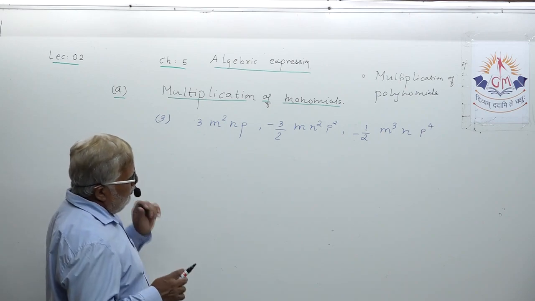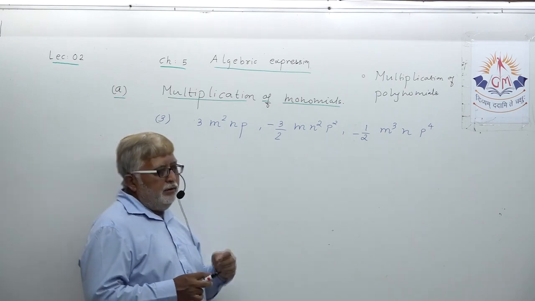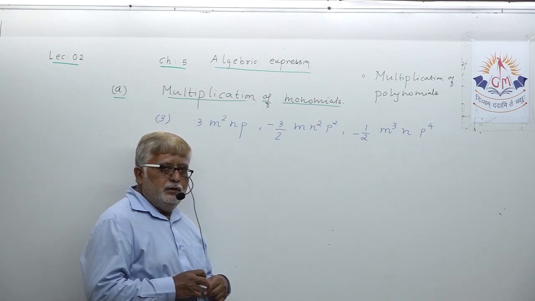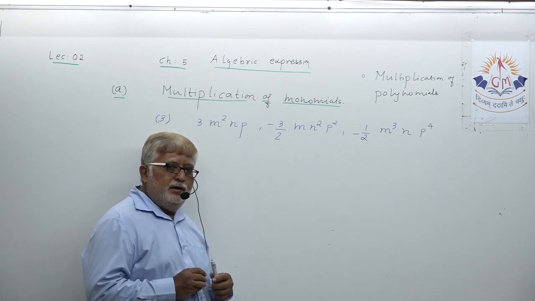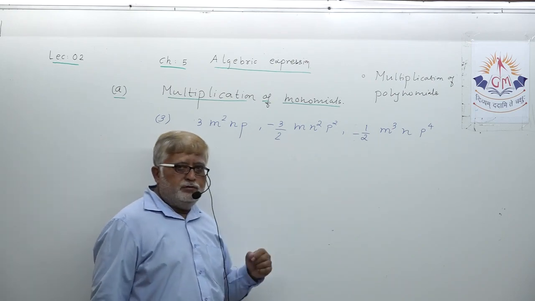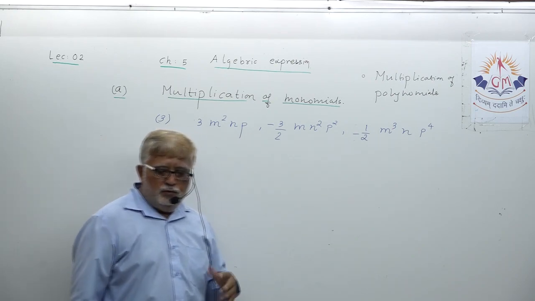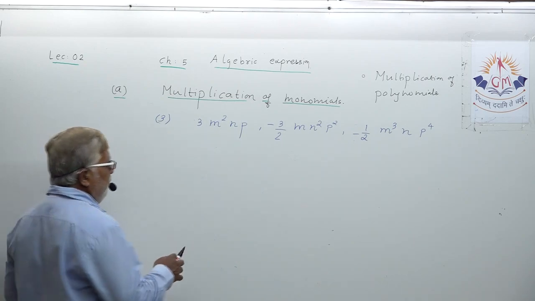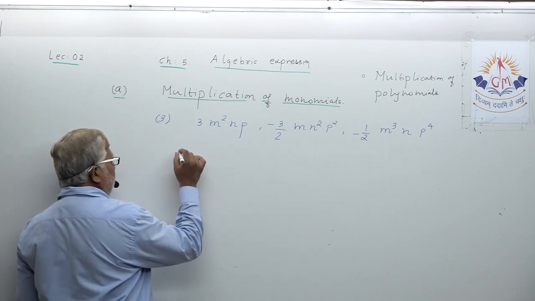Okay. See, dear student, here there are 3 monomials to be multiplied by us. Here there are not only integer numbers, somewhere the fraction. So my personal guidance to you is how should we target this? Please try to understand.